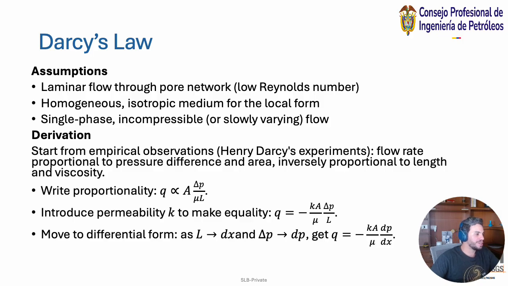So if we write this mathematically, we can say that Q is proportional to the pressure gradient, and we can introduce this variable K to make the equality, which is negative K A over mu times the given pressure gradient. One thing to note is the negative sign, and that's just the nature or the direction of the pressure, right?